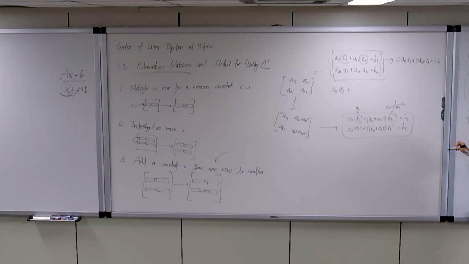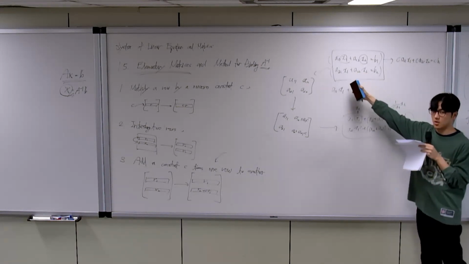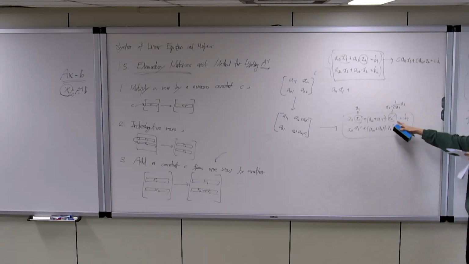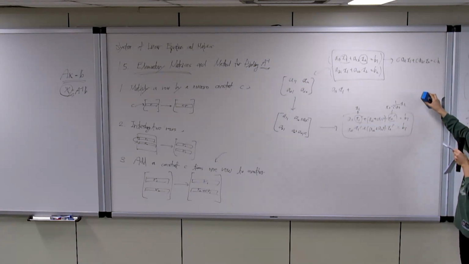Then I think I'm wrong. I want to make the original equation by changing the coordinate x1 prime, x2 prime. Wait, thinking time.